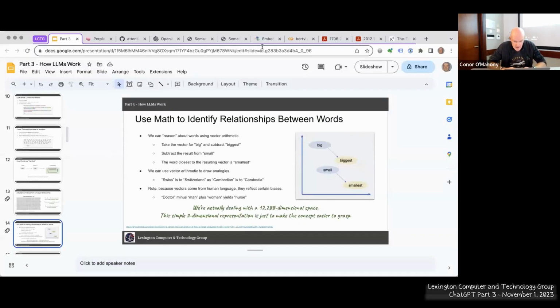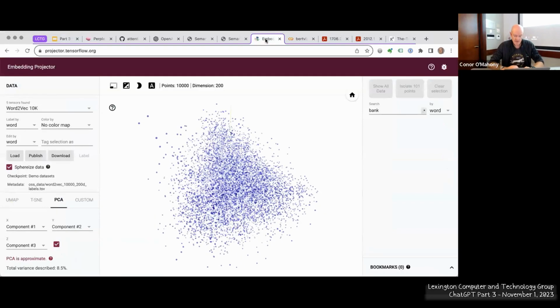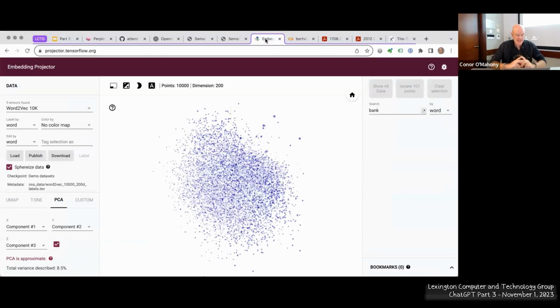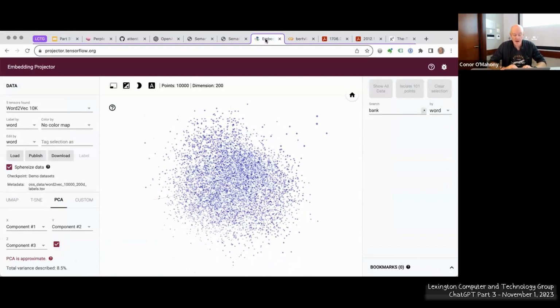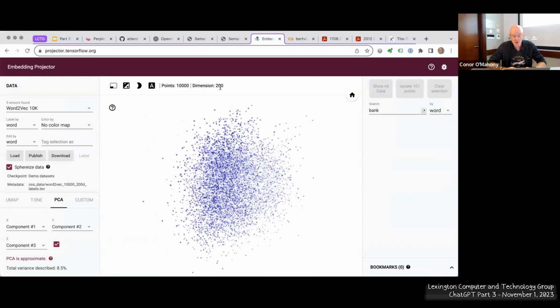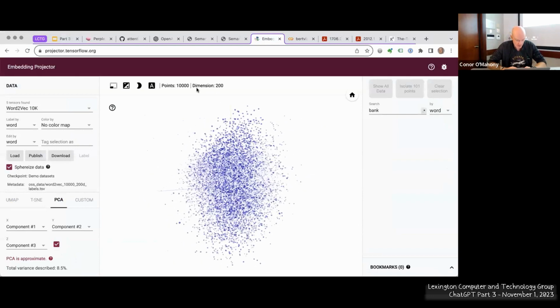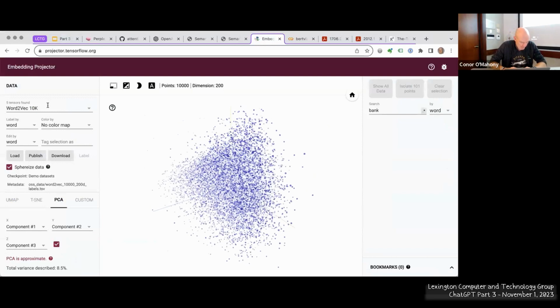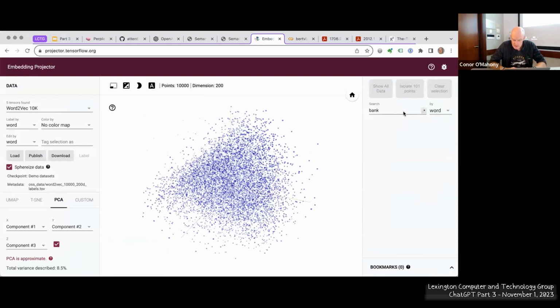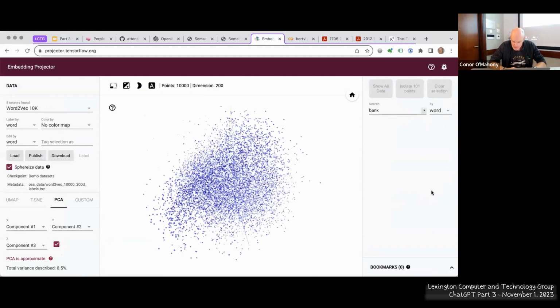Actually, I think I've got another one, which is a visualization of the space. Again, it's a smaller one. There's a 200 dimension vector.